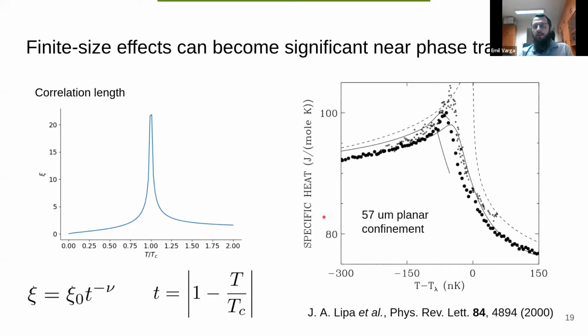For example, in this paper by Lipa and co-workers in 2000, they observed finite-size effects in specific heat of superfluid helium in 57 micron confinement, which is actually quite large. But all they had to do is to stabilize temperature within tens of nanokelvin of the phase transition. So it's a trade-off between how good your temperature stability is and how small your confinement is.